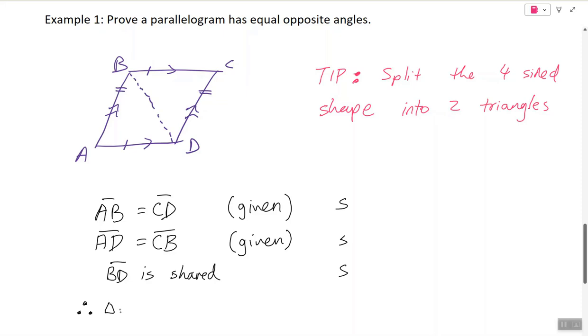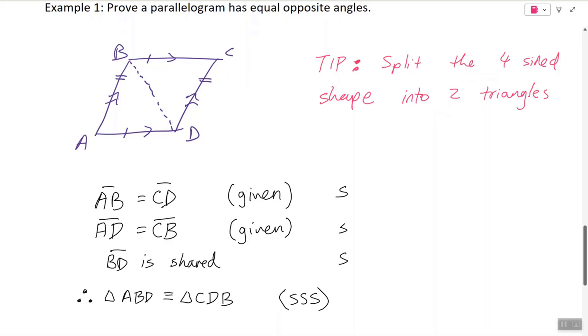Therefore, triangle ABD is congruent to triangle CDB using the snake.